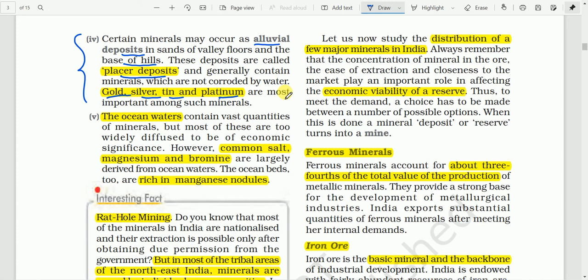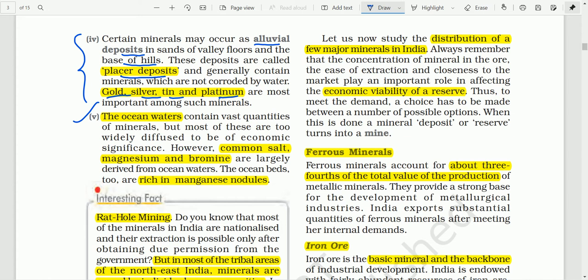And next we have ocean waters. They contain vast quantities of minerals, but most of these are too widely diffused to be of economic significance. It is said that gold is present in ocean water in colloidal form, but we still don't have the technology to extract that gold from the ocean water.